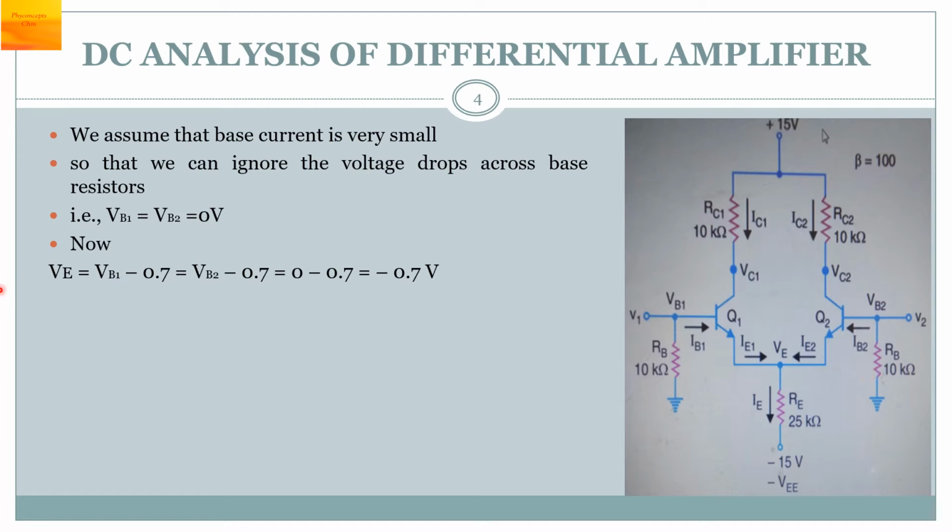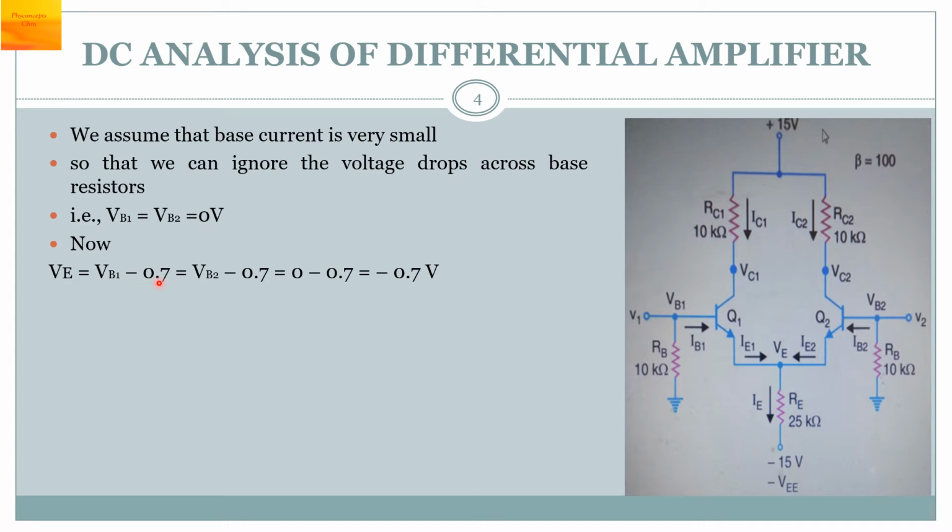Now we will write down the emitter voltage, which we get from the equation VBE is equal to VB minus VE. Rearranging that equation, we get VE is equal to VB1 minus VBE, and in the same way, VB2 minus VBE. VBE is approximately 0.7, that is substituted here.